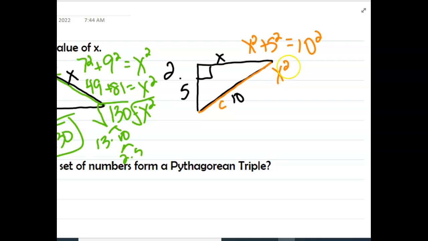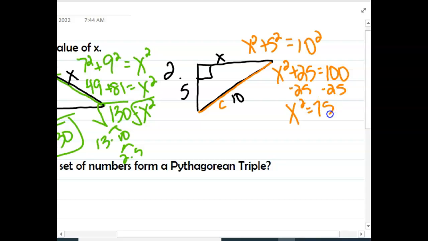Okay, so it's going to be x squared plus 25 equals 100. And this is just like a simple one-step equation. Move your 25, so x squared equals 75. And then just like the other ones, to get rid of this squared, we square root both sides.